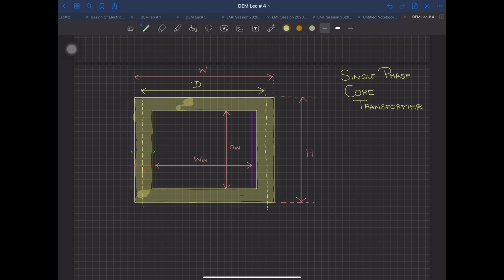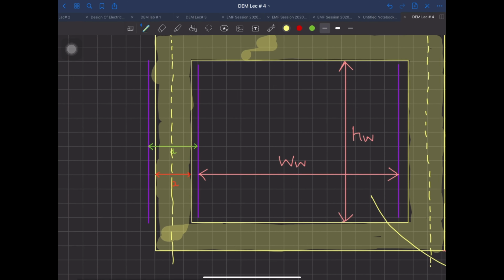Now if you see very closely over here, the area of my window AW is going to be equal to HW into WW. Now if you see this purple color line or violet color line, it's a little away from the edges. Why is this a little away?